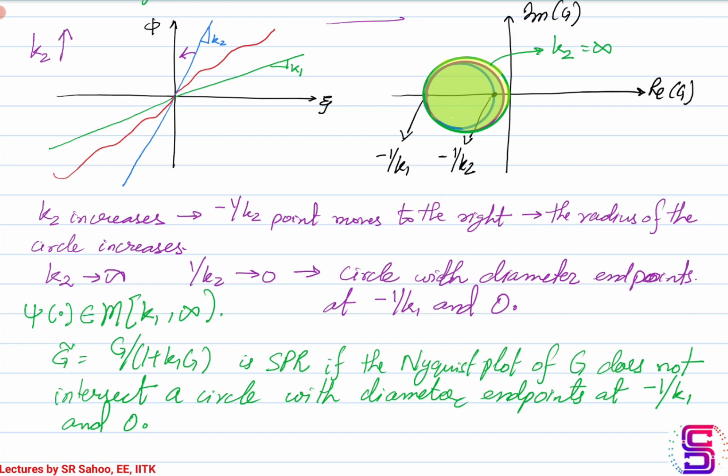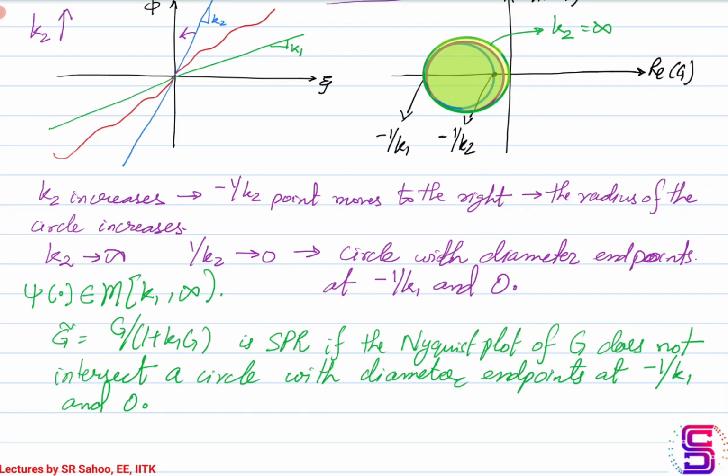Okay, so now it is easy to visualize from here what happens when the sector nonlinearity is in the 0 infinity sector. With k2 becoming infinity, you have the circle tangent to the imaginary axis.